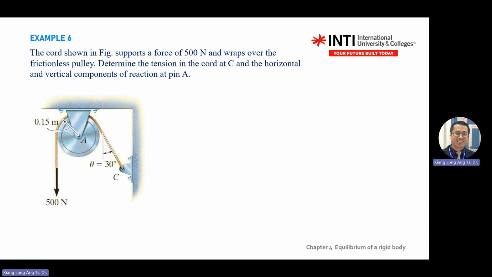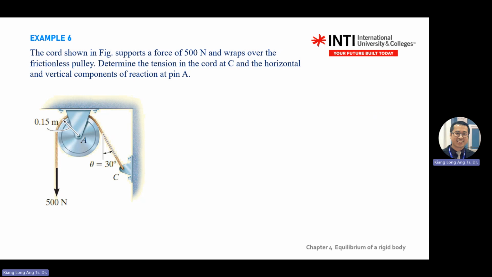Okay, this one. The cord with the support 500 Newton around the frictionless pulley, determine tension in the cord at C, this one, and the horizontal and vertical component reaction at pin A. Pin A. So you need to split into a few diagrams if you want, right?